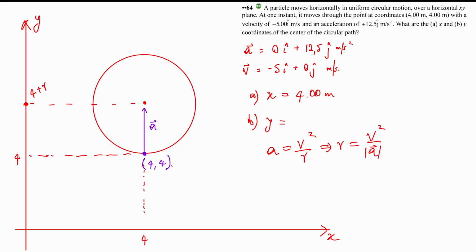I should emphasize that these are magnitudes. I believe you should be comfortable with finding the magnitude of v and the magnitude of a and calculating the radius. Once you've calculated the radius, you add it to the 4, and then you will find the y component of the center of the circle being traced out. Okay, I'll conclude this video here and see you in the next one.